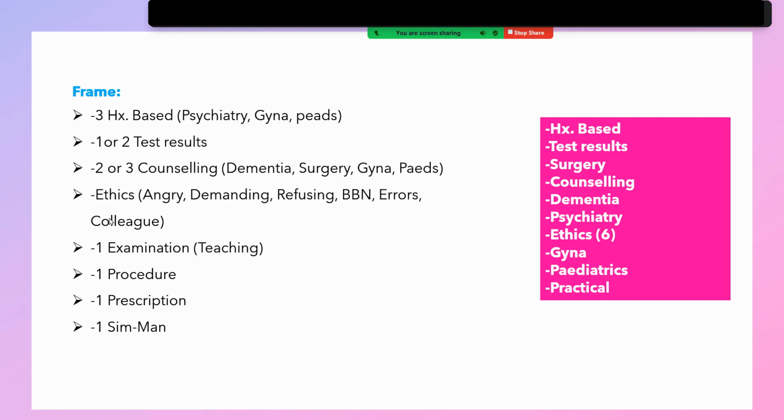You might have 2 colleagues. There is no specific frame, but you have to have ethics in your exam. For the practical, at least 1 examination. Okay? And at least 1 procedure, 1 prescription, and 1 simman. Okay? For your exam, you will have 1 simman. Okay? This is in terms of the general frame of the exam.